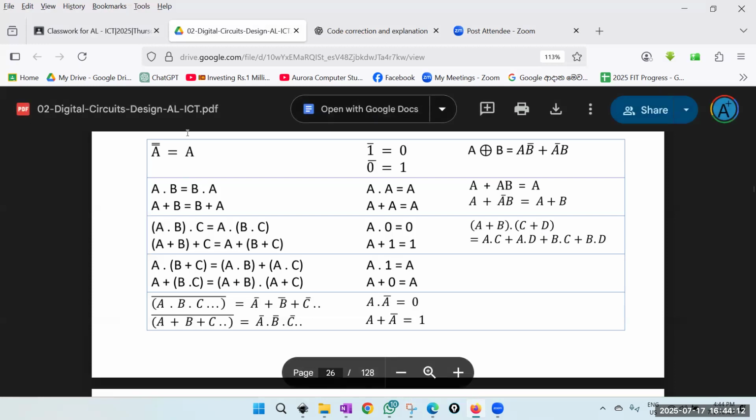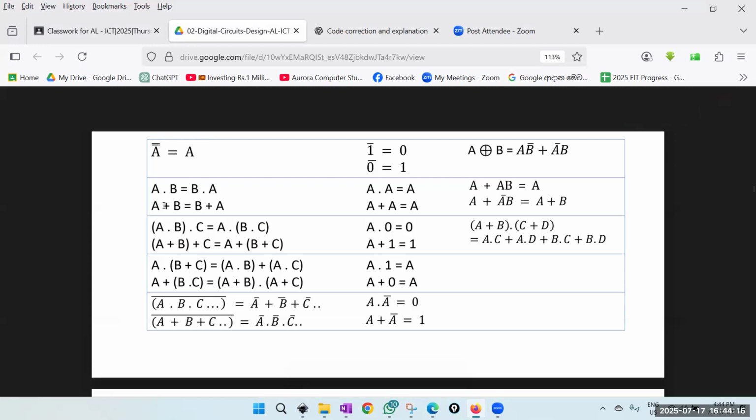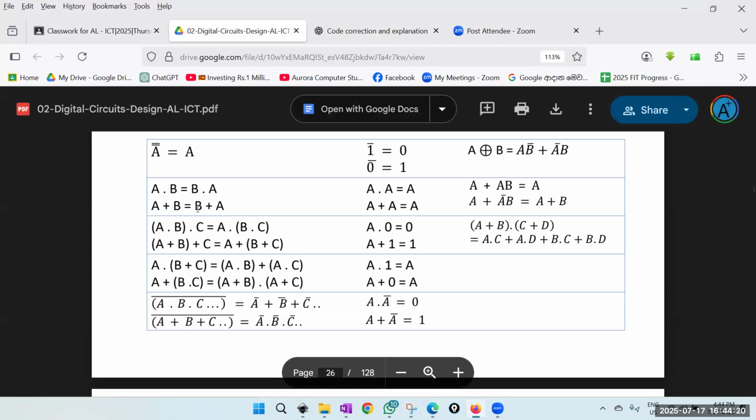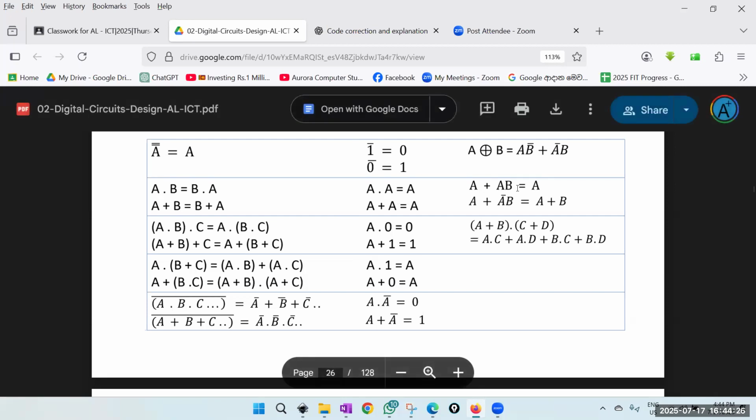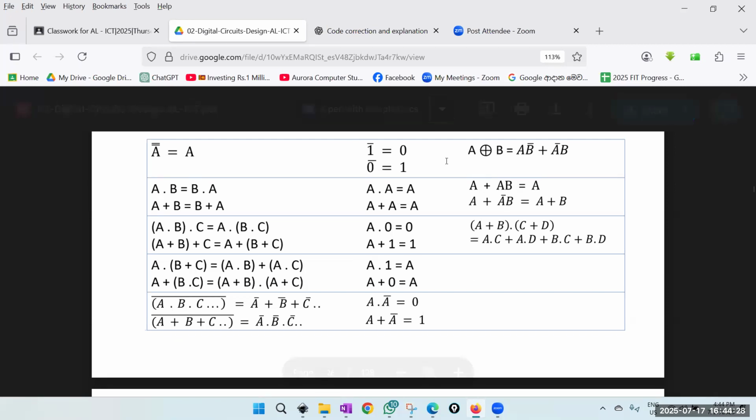So you must remember these 23 rules, because though it's 23, it's only about 12 rules, because when one rule is correct, its dual is correct. Okay. So these are all dual rules. So you must remember this. Of course, if you like logic, you will naturally remember without any effort.